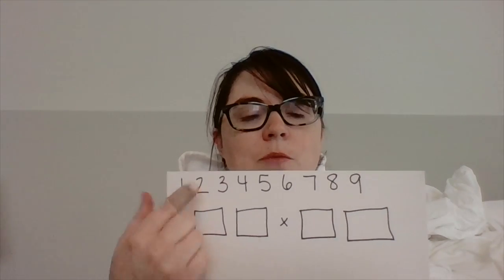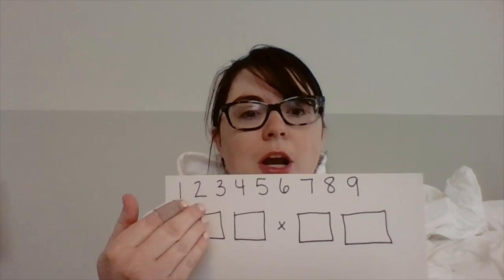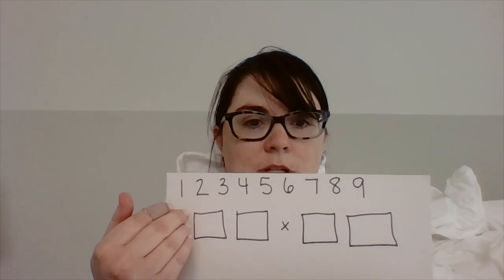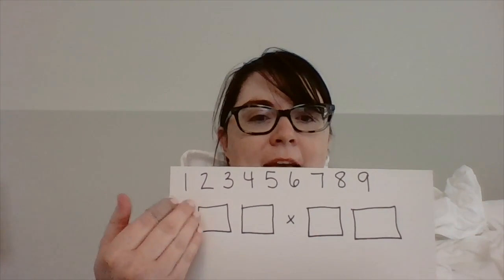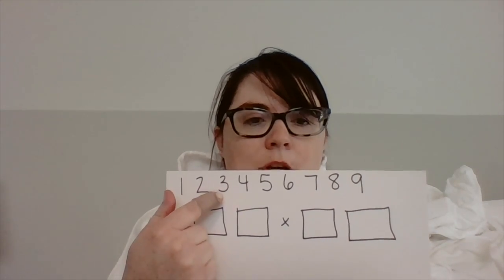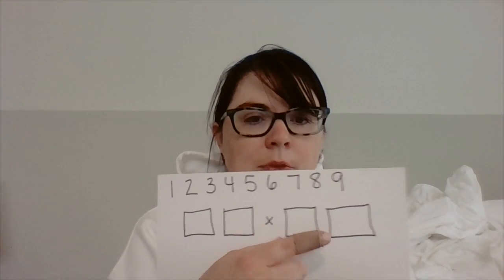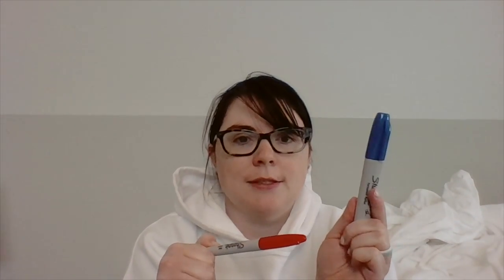So I'm going to do a little refresher on how to use partial products to multiply 2-digit numbers. I think I'm going to do the numbers 34 times 17. To help me keep track, I'm going to use red for my tens and blue for my ones.